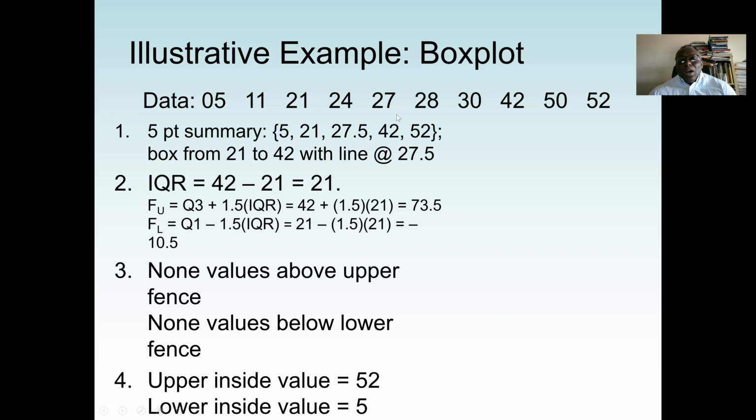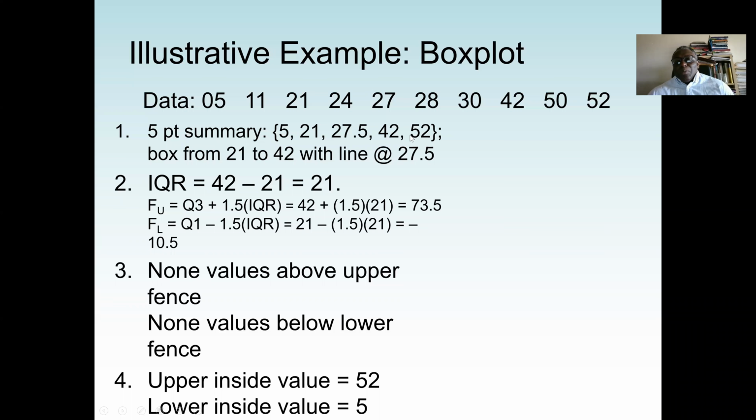So that is 27.5. Then I'll take the first 5 values. So Q1 will be 21, which is right here. Take the last 5 values, the middle value is 42, 42 is here. The maximum value 52 is here, and the minimum value 5 is here. So we have the 5-point summary.